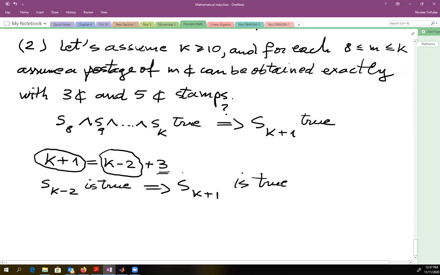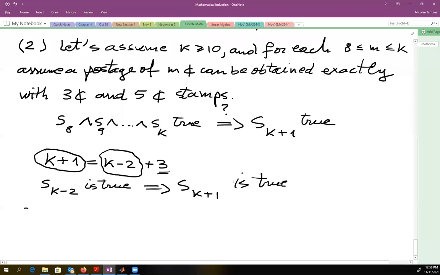So is this argument clear? Once we can cover k minus 2 cents by stamps of 3 cents and 5 cents, then we can cover k plus 1 cents by just adding one more stamp of 3 cents value. Makes sense, right?